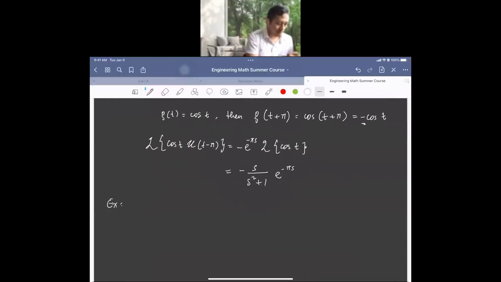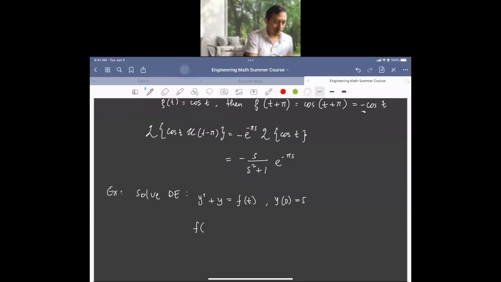Okay, another example. Solve the differential equation y prime plus y equals f of t, where y(0) is 5, and f of t, we have the Heaviside: 0, and then 3 cosine t. This is for 0 to pi, and this is for t greater than pi.